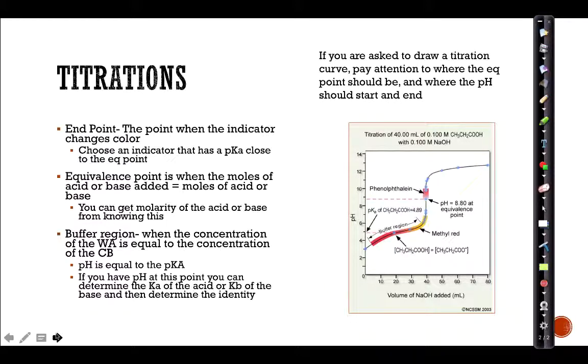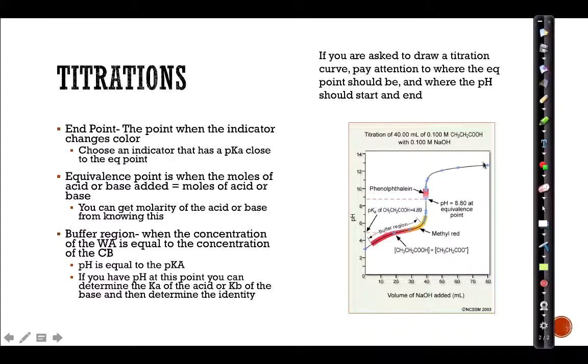Okay, so if you're asked to draw a titration curve, you need to make sure you pay attention to where the equivalence point should be, where the pH should start and end. So if you're starting off with an acid and you're adding a base to it, your pH should be below 7. If it's a strong acid, it should be closer to 0. If it's a weak acid, though, it can be about 2 or 3.